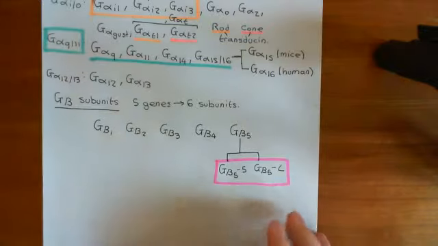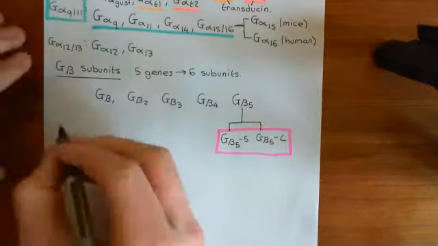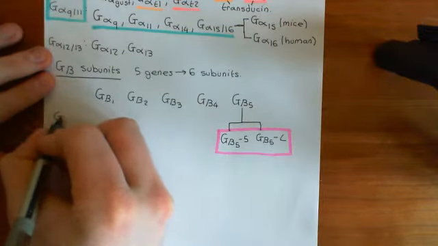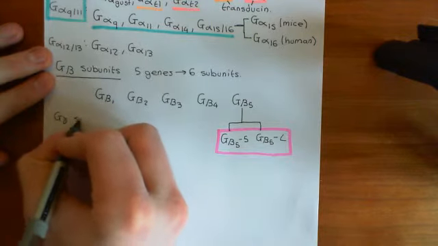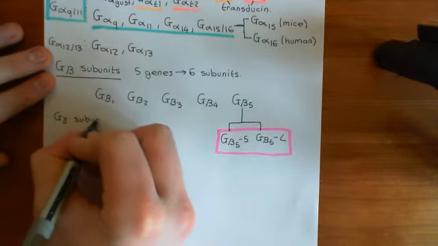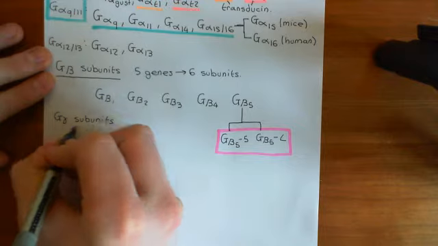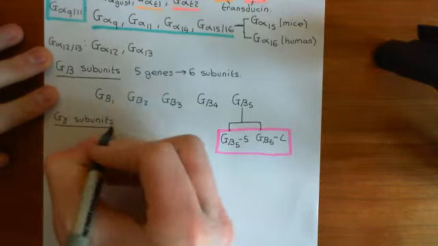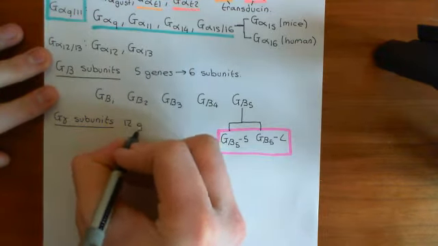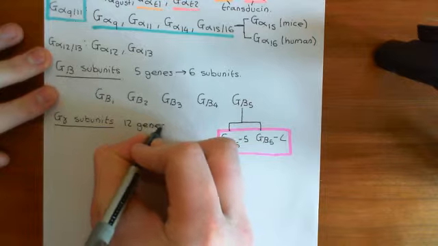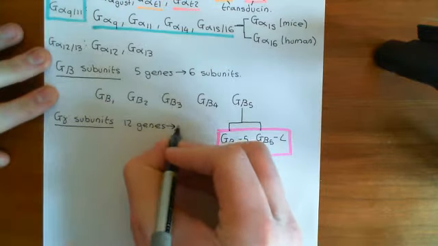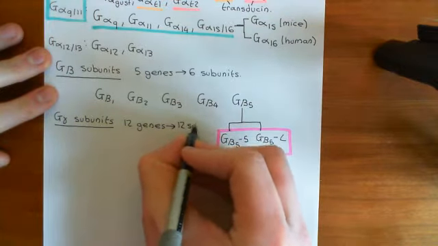Okay, right. Now finally, let's go on to the G gamma subunits. Okay, so the G gamma subunits are nice because splice variants aren't a big thing for them. Okay, so there are 12 genes for gamma subunits, and there are only 12 known subunits. Okay, so each gene codes for a single gamma subunit.